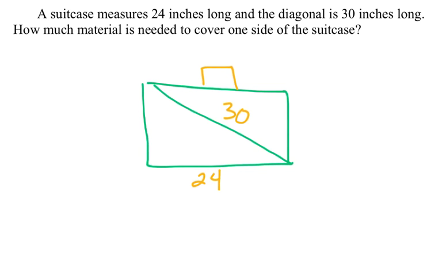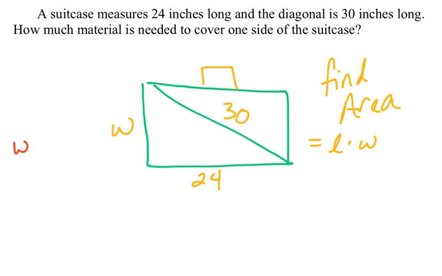Well, so here we have to find the area. Area of a rectangle is length times width. Well, we don't know what the width is. We do, however, know the length. So we have to solve using Pythagorean Theorem.